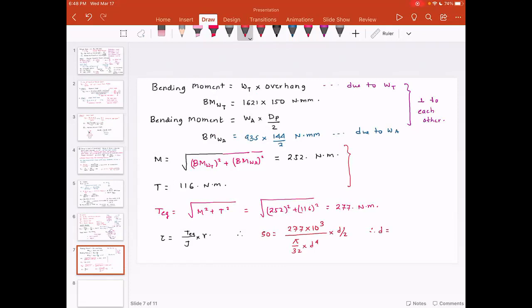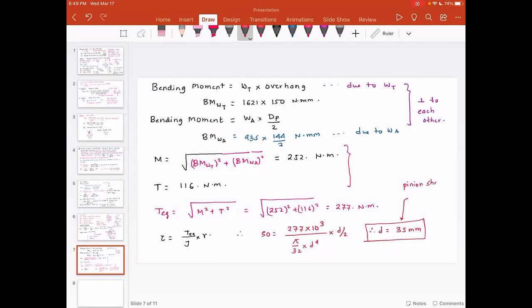And from here, you should be able to get the value of shaft, which is approximately 35 millimeters. And that is how you will be able to solve the problem. What we have done is we have designed the pinion shaft.